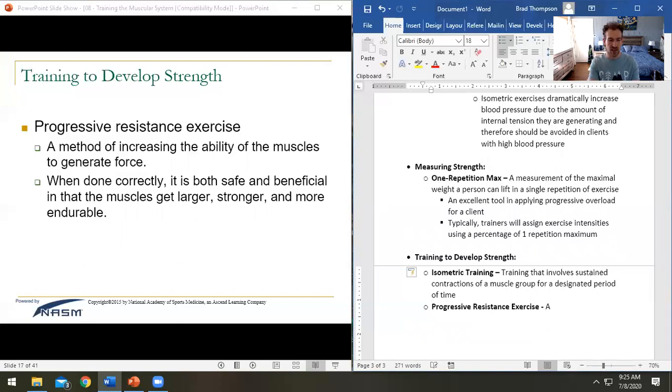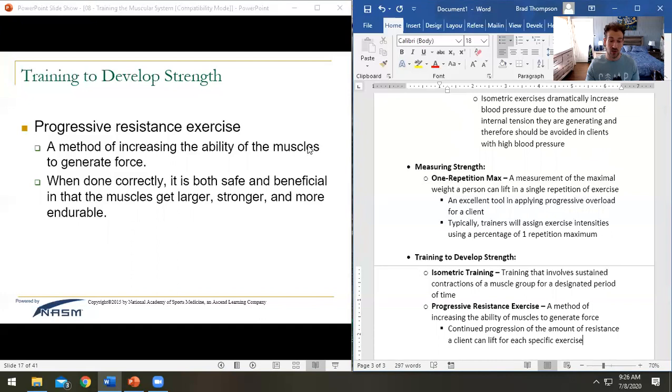So that is a method of increasing the ability of muscles to generate force, right? The idea here is continued progression of the amount of resistance a client can lift for each specific exercise.